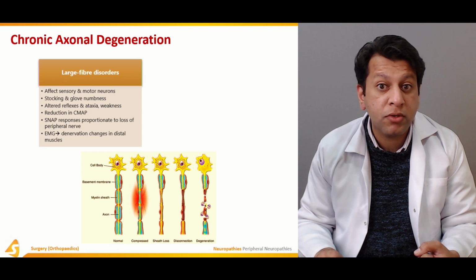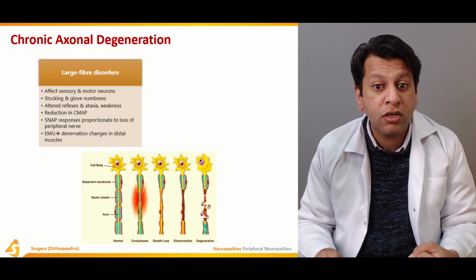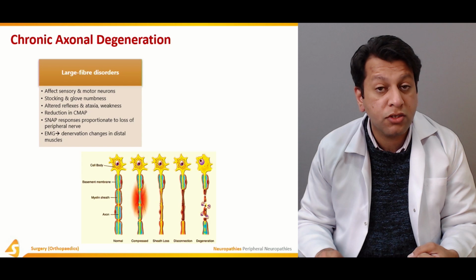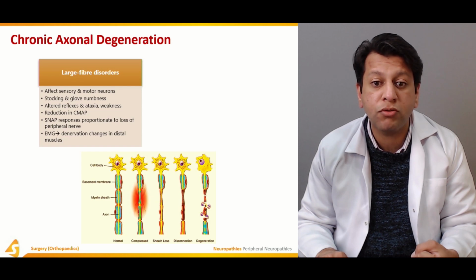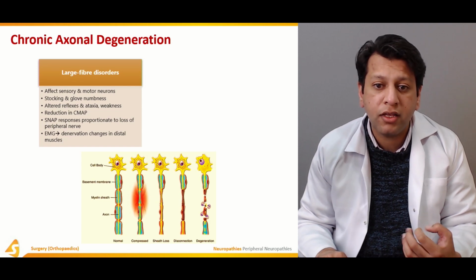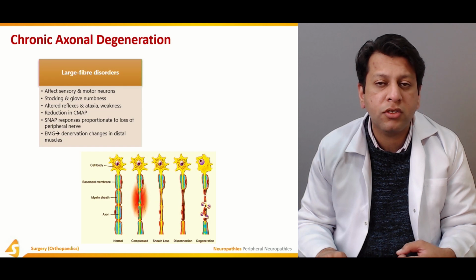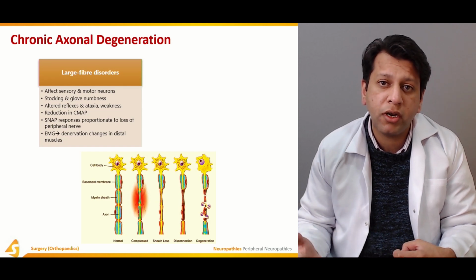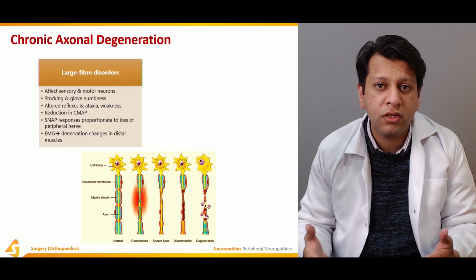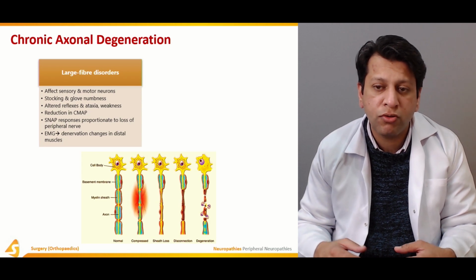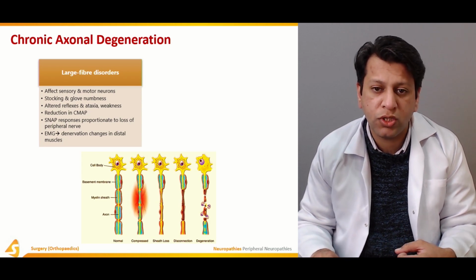Stocking glove type of numbness is seen in them. Usually altered reflexes, ataxia and weakness are always associated with them. There is reduction in CMAP and SNAP responses proportional to the loss of peripheral nerve, and EMG usually shows denervation changes in the distal muscle, because once the end plates of the nerve are lost, eventually the muscle would atrophy and so will show the denervation changes.